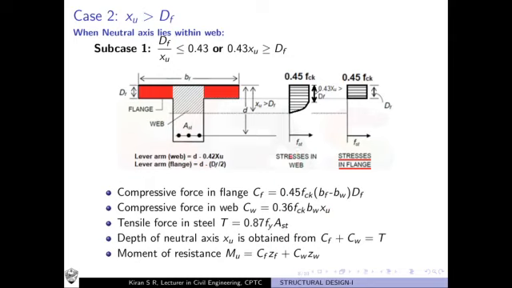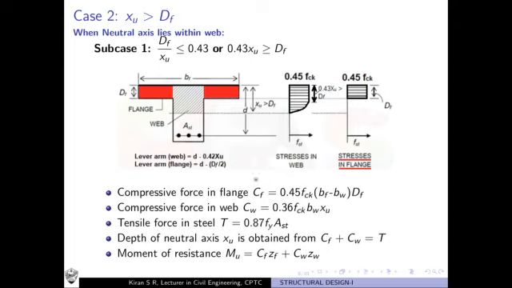So for the web portion, it is similar to that singly reinforced beam, and you know that the lever arm for web is d minus 0.42 xu. This is already discussed in singly reinforced beams.